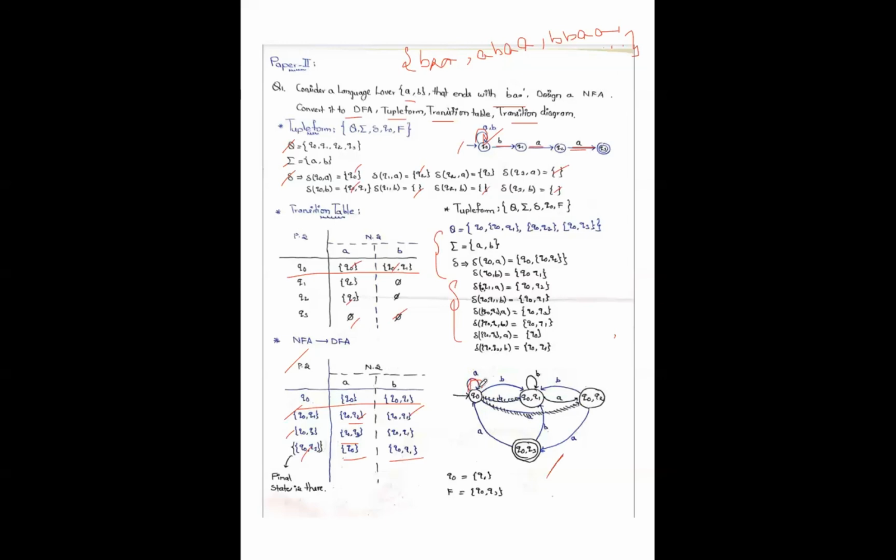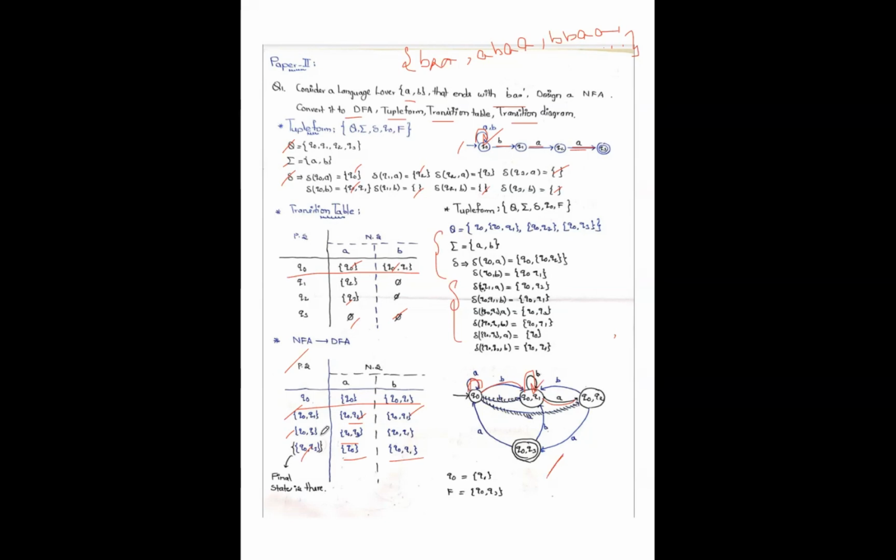Q naught on input symbol A stays in the same state Q naught. Q naught on input symbol B goes to Q naught Q1. We need to take all these 4 states as 4 nodes in the diagram. Then Q naught Q1 on input symbol A moves to Q naught Q2. Q naught Q1 on input symbol B stays in the same state Q naught Q1.